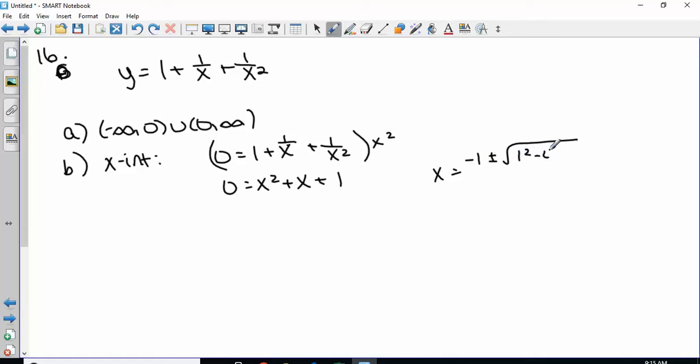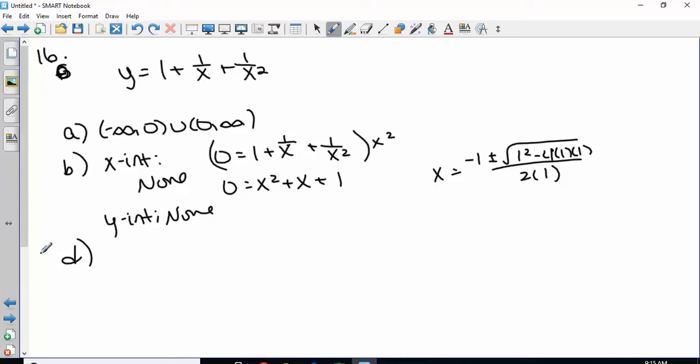If you try quadratic formula, what do you get under the radical? You get 1 minus 4, which is a negative, so it's imaginary. So is there an x-intercept? No. Y-intercept is when you plug in 0 for all of your x's. Can I make x equal 0? No, so there's no y-intercept either.